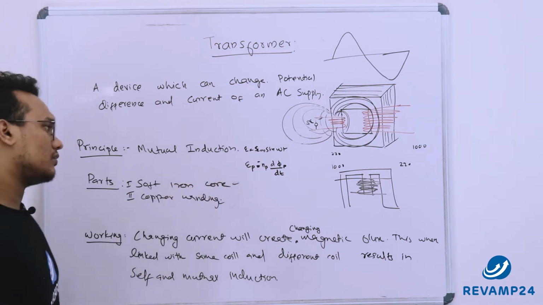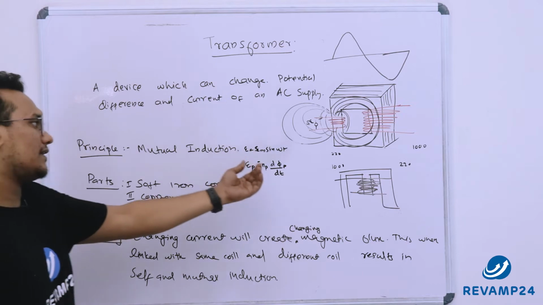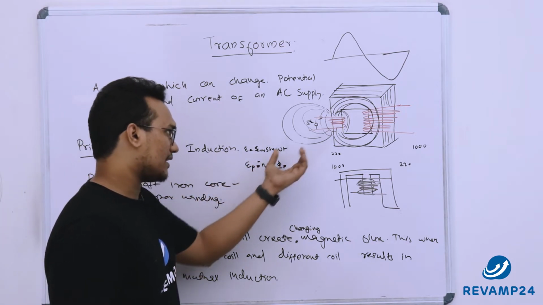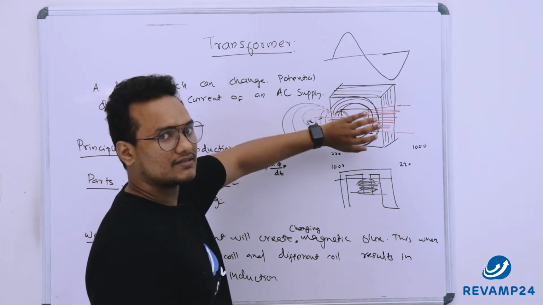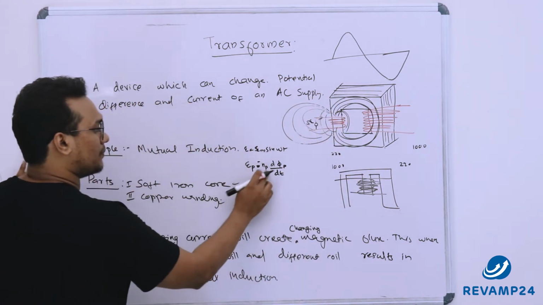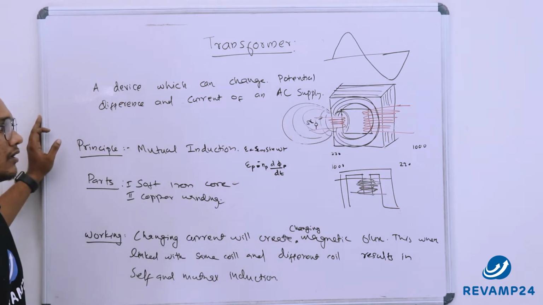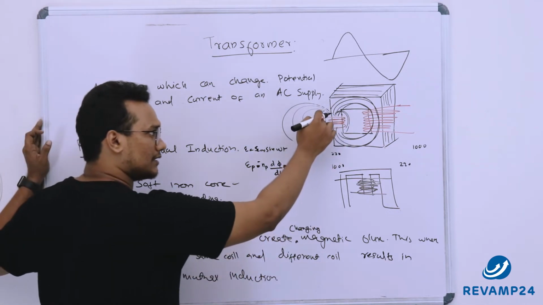Lenz's law is the meaning of the minus sign. This minus means that the induced EMF would be such that it opposes the external EMF. Anyway, minus Np d phi by dt would be the induced EMF in the primary coil.